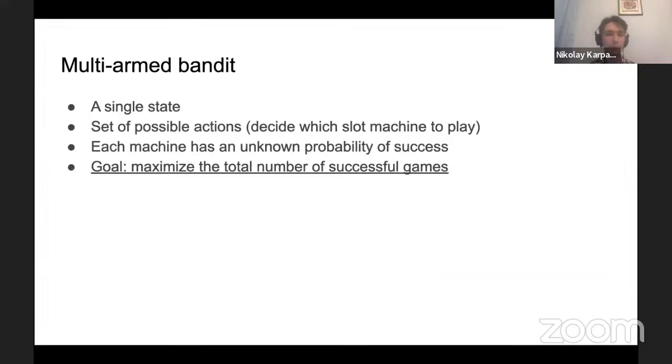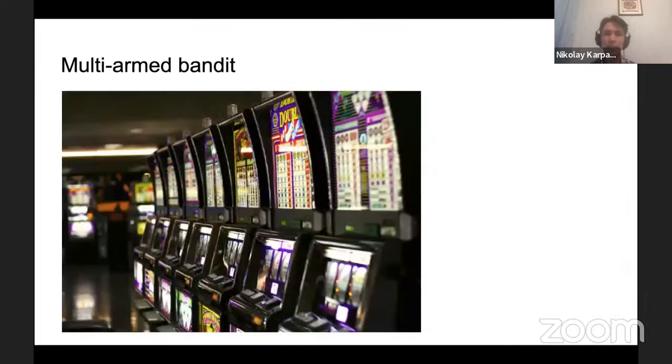This is a not very realistic example, because the problem of multi-armed bandit says that you have several bandits, several slot machines, and each of them has a different probability of success.